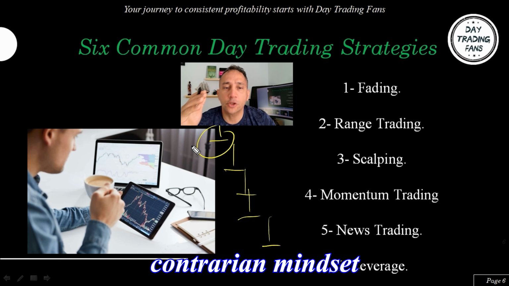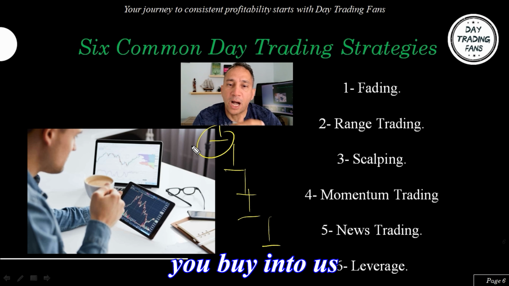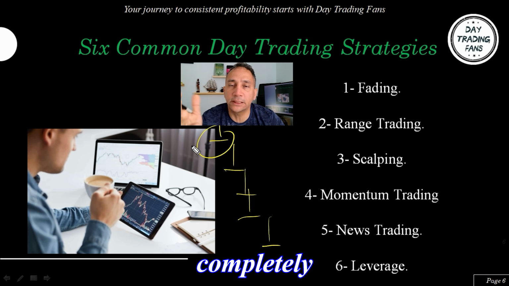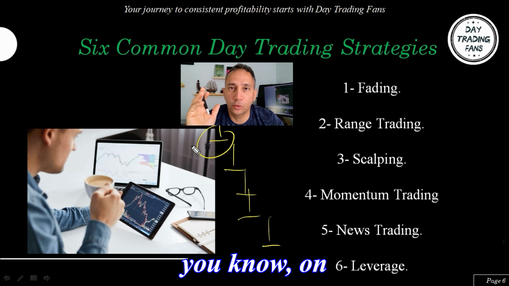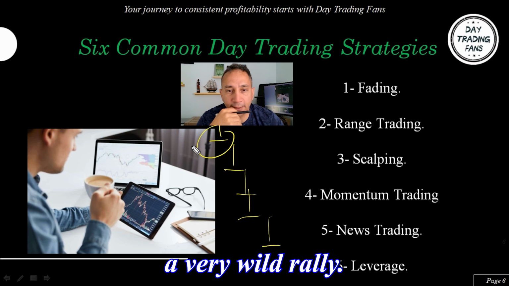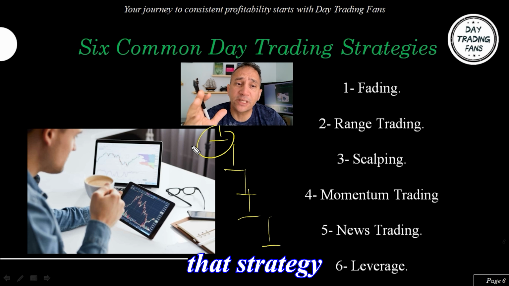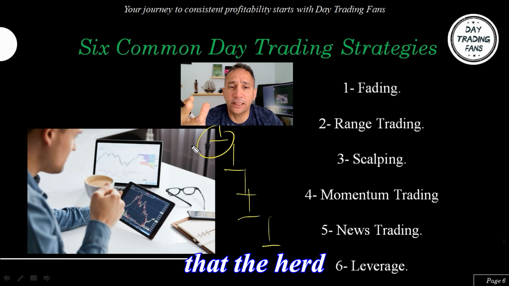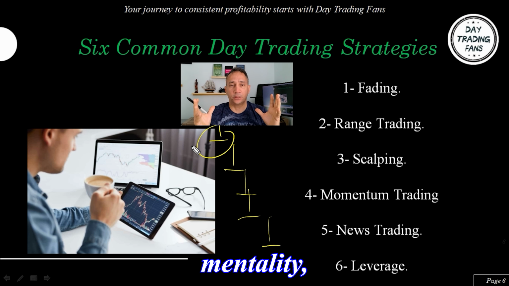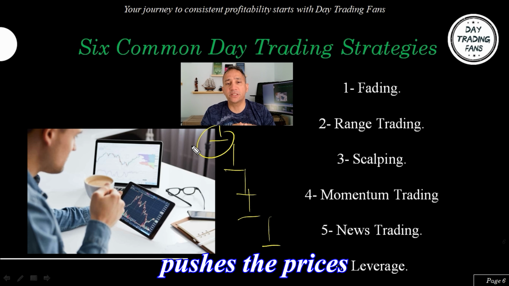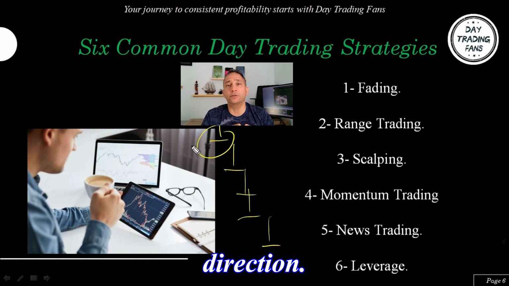So you have that contrarian mindset. You buy into an asset that's being sold, and you sell into an asset that's gone on a very wild rally. As a trader, you use that strategy to predict that the herd mentality, the collective market mentality, pushes the prices too far in either direction.